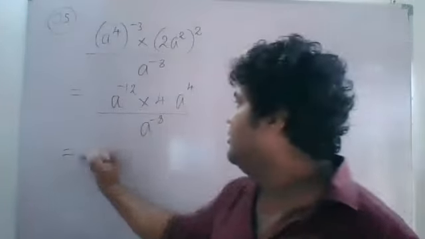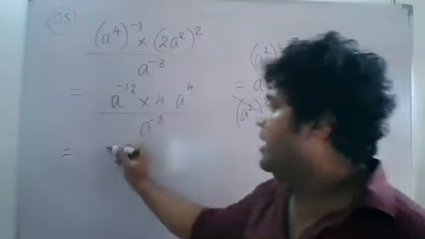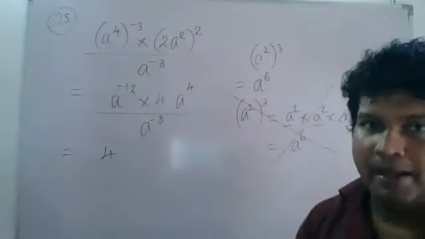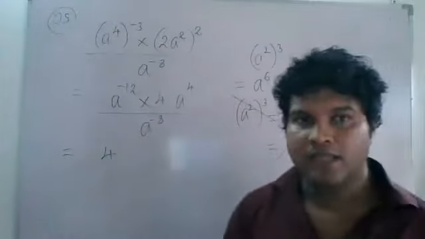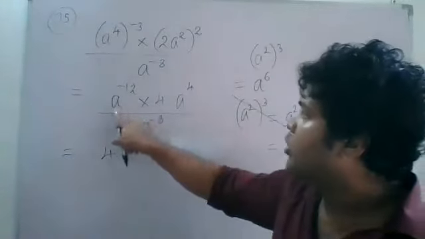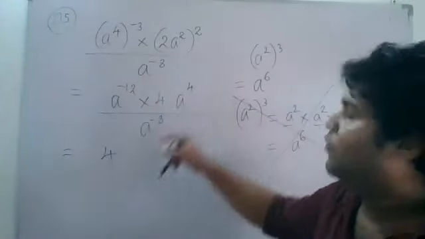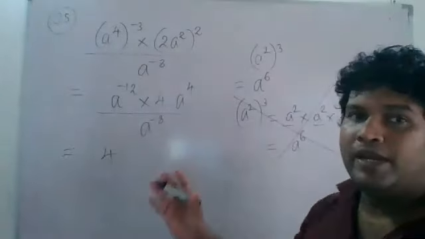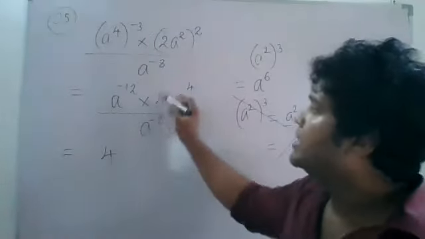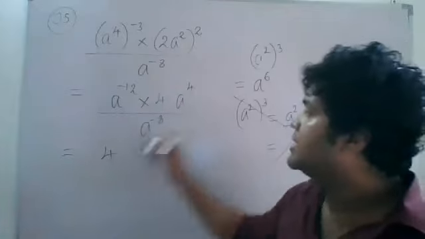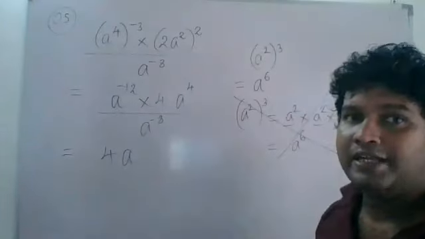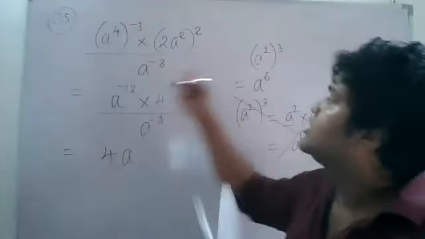Okay. Now, we can take 4 in front. 4 is a natural number, not the index. But having this a to the power minus 12 and a to the power 4, we can apply the rules of indices. When there's a multiplication with equal bases, we just write the base first and add the indices together.